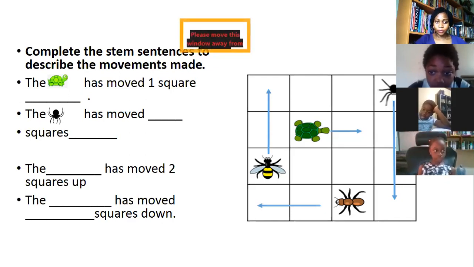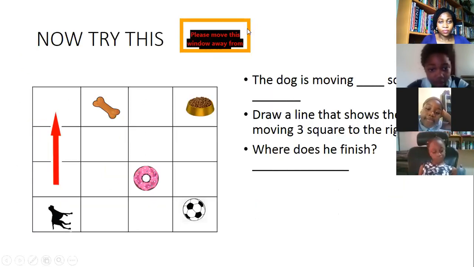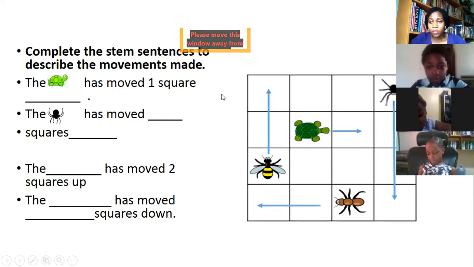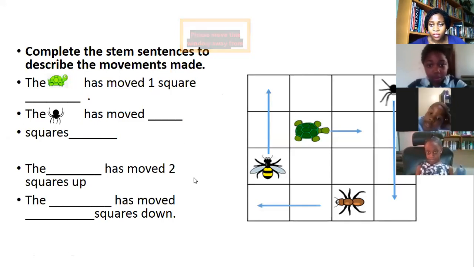Okay, let's move on. So we have an example here. And Nyonyam, please read the instruction here for us so that we can do this together.